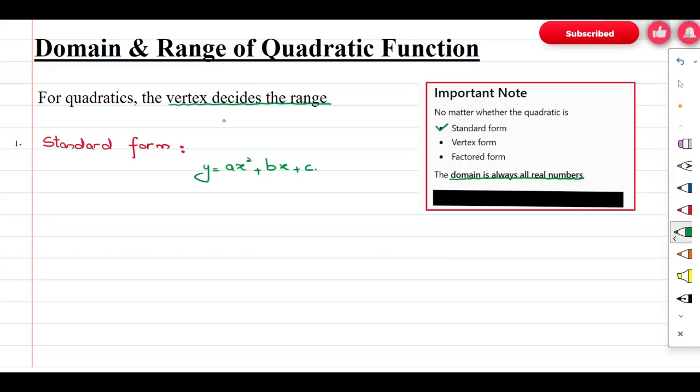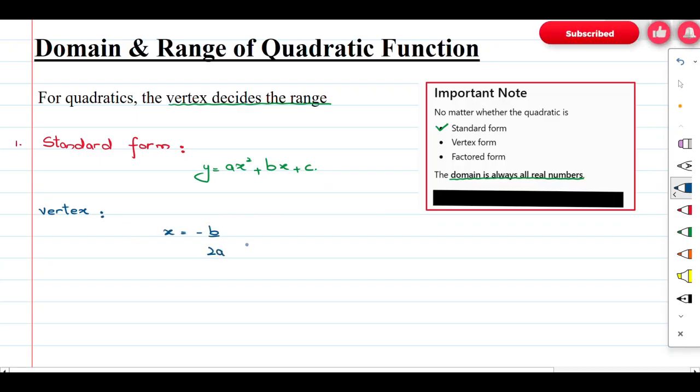Now, how do we figure out the vertex from the standard form? To solve for the vertex, the first step is we need to find the vertex either by the completing the square method or using the formula x equals minus b over 2a.